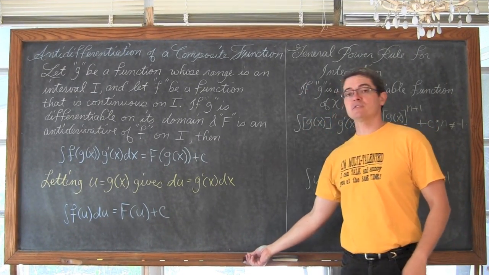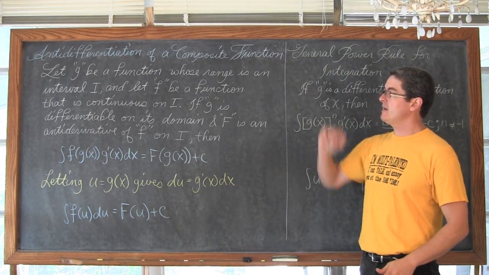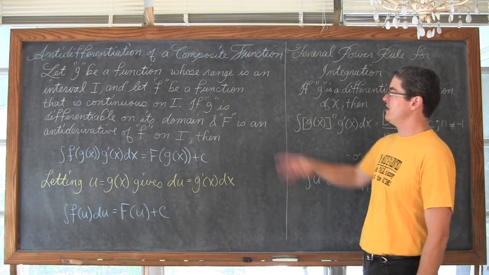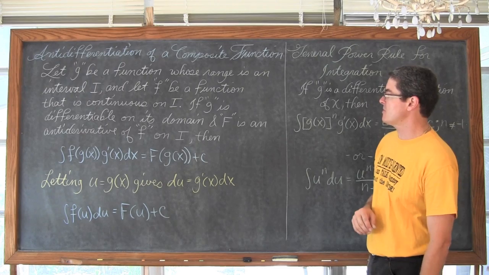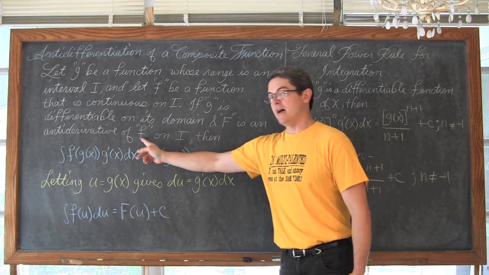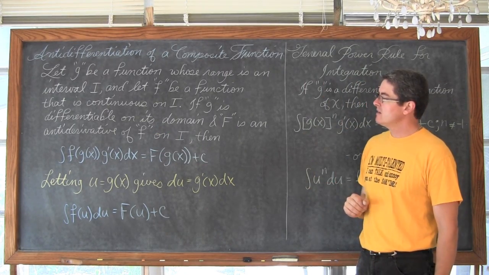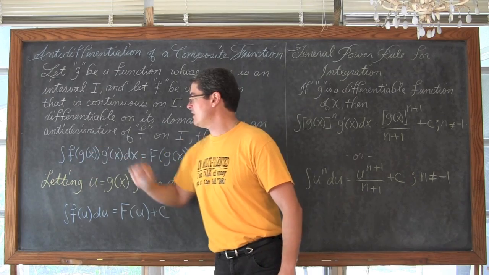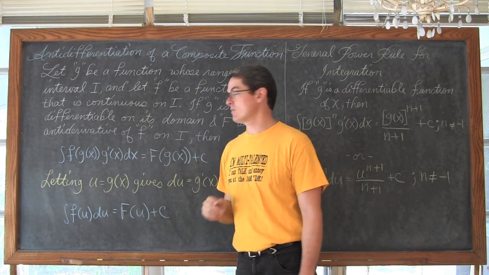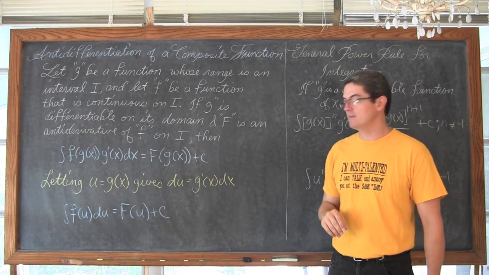Antidifferentiation of a composite function. Let g be a function whose range is interval I, and let f be a function that is continuous on that interval I. If g is differentiable on its domain and F is an antiderivative of lowercase f on I, then the integral of f of g of x times g prime of x, see that chain rule pattern right there, dx is equal to F of g of x plus c.